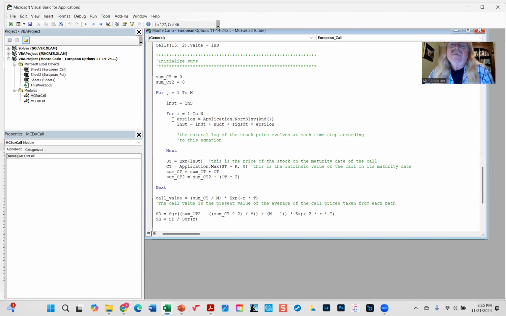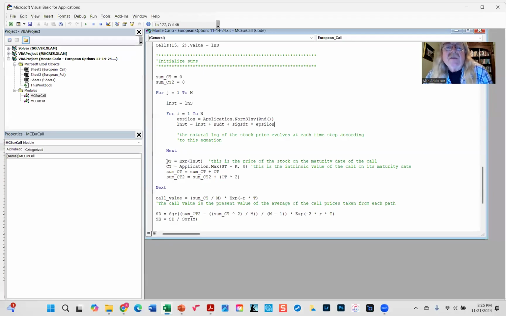As we've already seen, this is indirectly taken from the standard normal distribution by first taking a number from the standard uniform distribution and then plugging it into the inverse of the standard normal distribution. Also, we're modeling the log rather than the actual stock price here, because it can speed things up a bit. And of course with Monte Carlo, speed is of the essence because it's a very time consuming process.